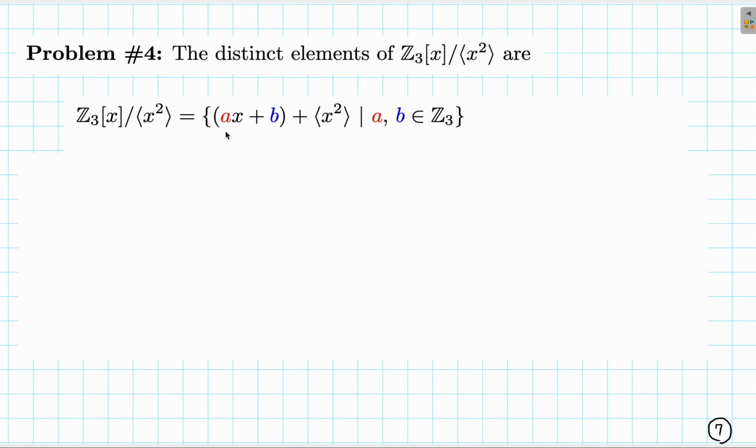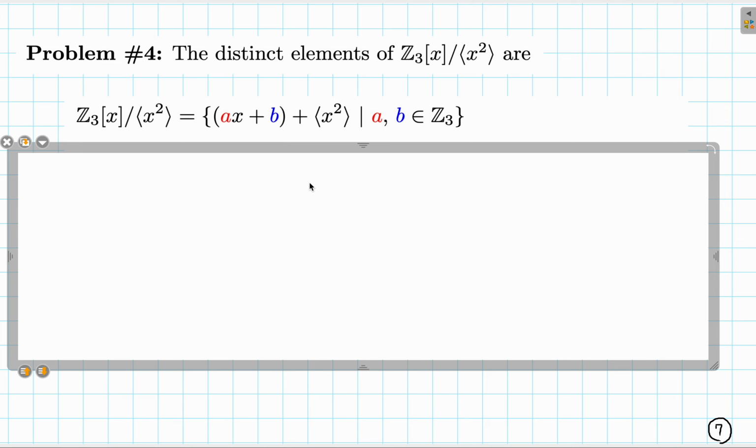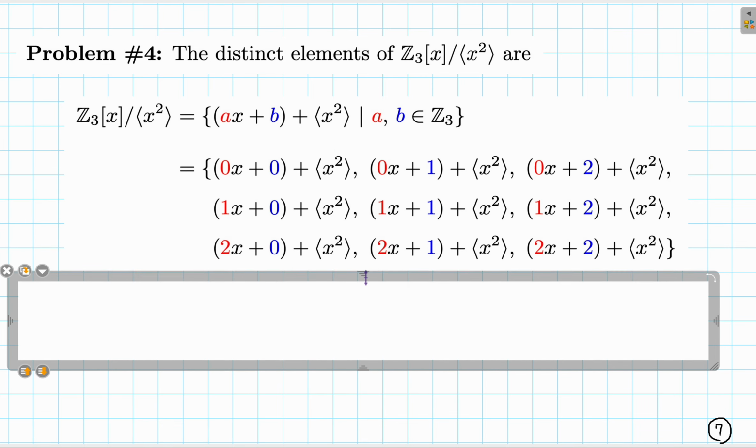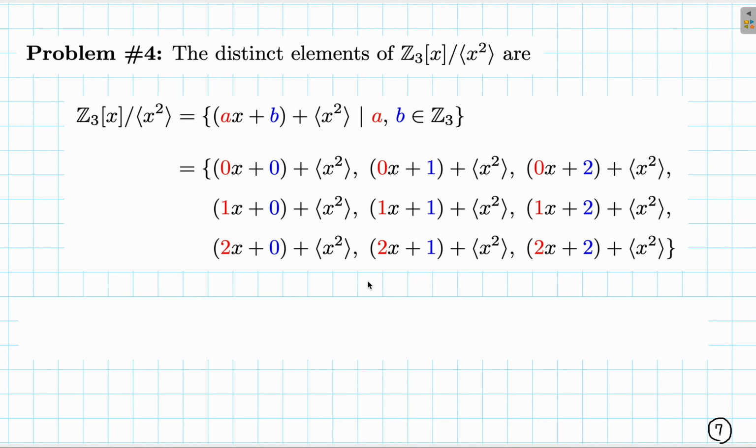Now, with 3 choices for the coefficient a, namely 0, 1, 2, and 3 choices for the coefficient b, we have 3 times 3, or 9 cosets in this quotient ring, as shown here.